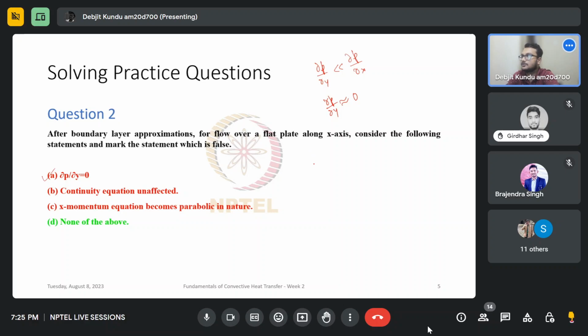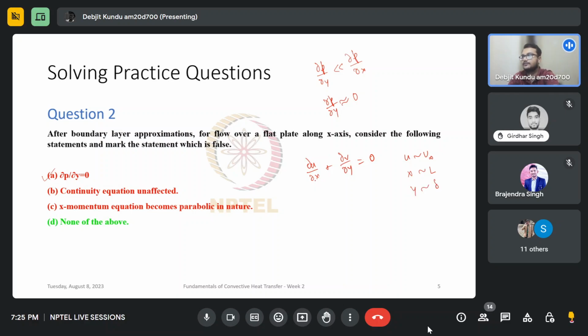Now, continuity equation, it remains unaffected. So ∂u/∂x plus ∂v/∂y is equal to 0. So we have done scale analysis over here. We can scale u as U infinity, x as L, which is the length of the plate, and y as delta.